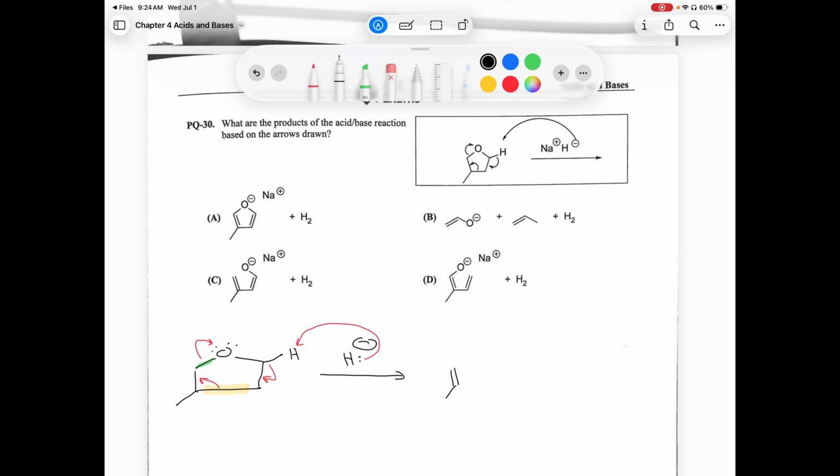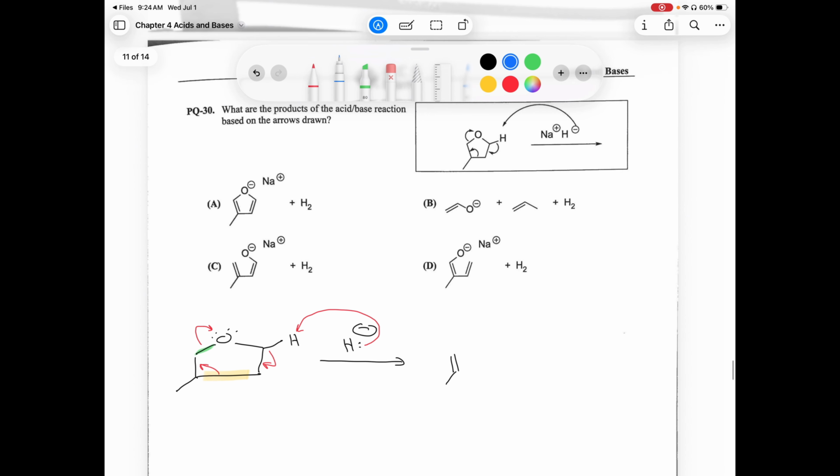And then if we look at this part, we can see that this part here went to make the propylene. Well, what about all of this piece here? We have the oxygen and then we have 2 carbons. What's that going to look like? Well, it's going to look like this. You've got the oxygen with a negative charge on it, and then you've got this pi bond that was formed here.